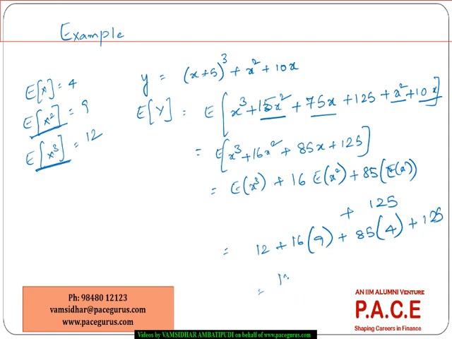Which is nothing but 12 plus 144 plus 340 plus 125. Whatever it is, that comes out to be the expected value of y. So that's the way we simplify it.